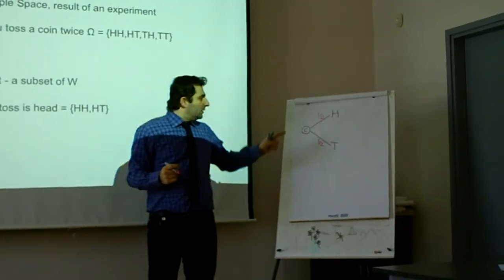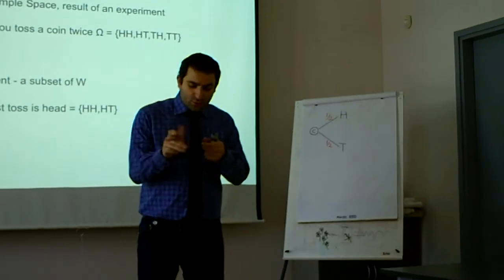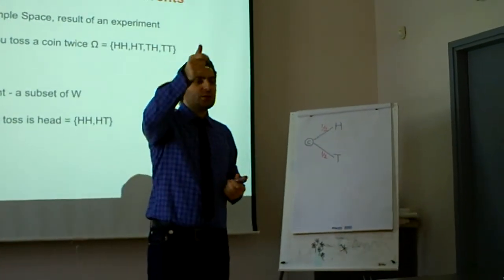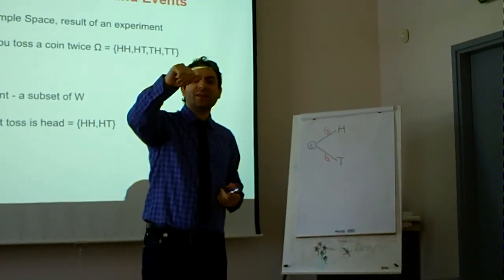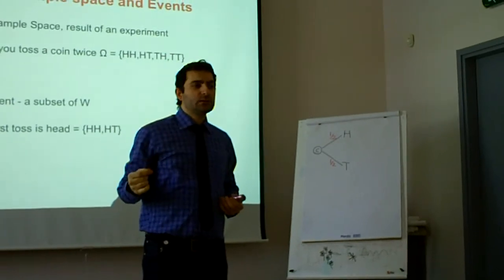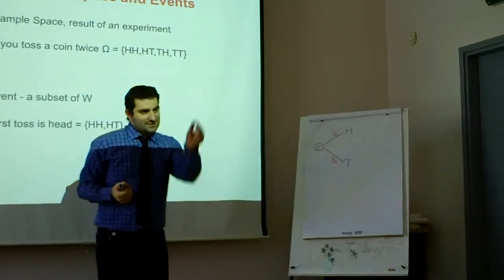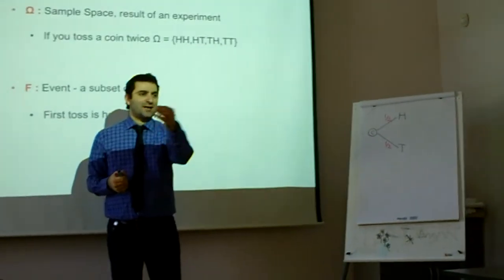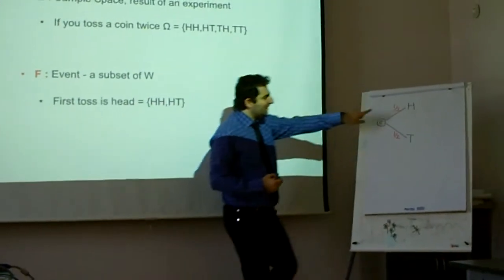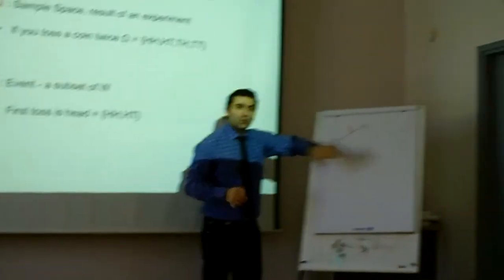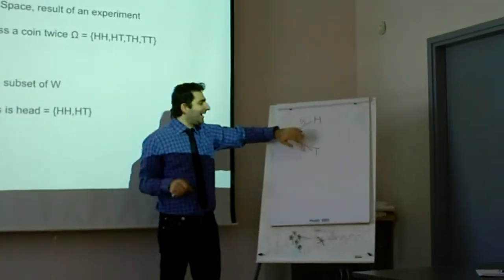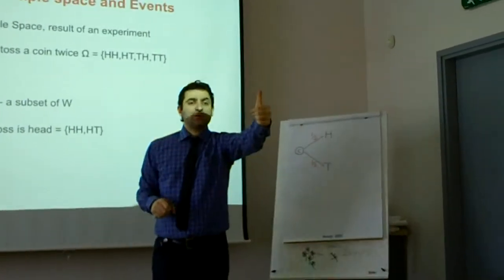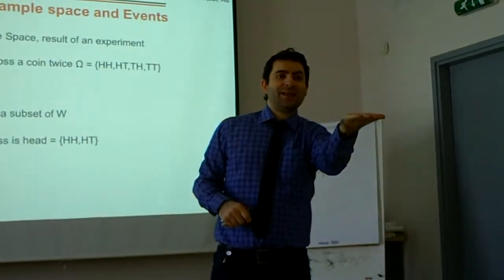Now, one thing that you have to note: if I toss a coin, it's either head or tail. Can it be something else? Well, we assume that it will not land on its side. So it either comes up head or tail. It cannot be anything else. So these are the total outcomes that we have. And can we have a coin which, when we toss it, comes up as head and tail at the same time?